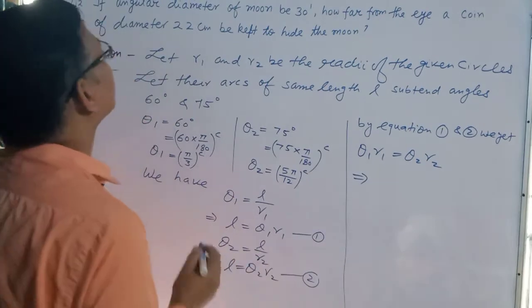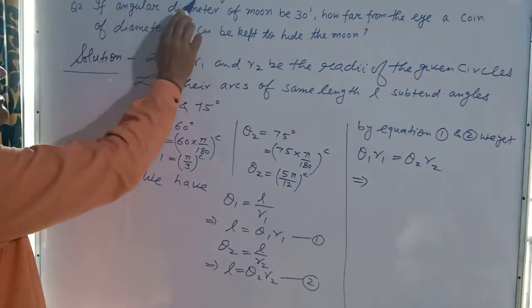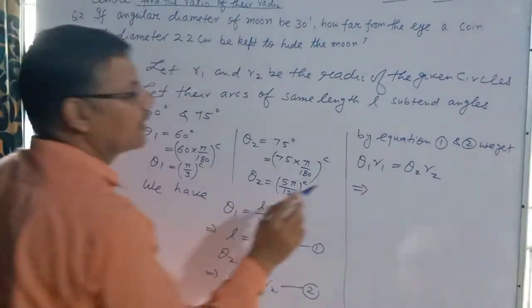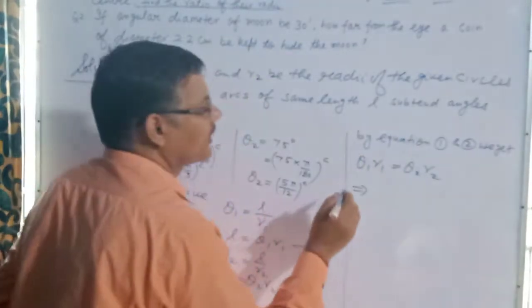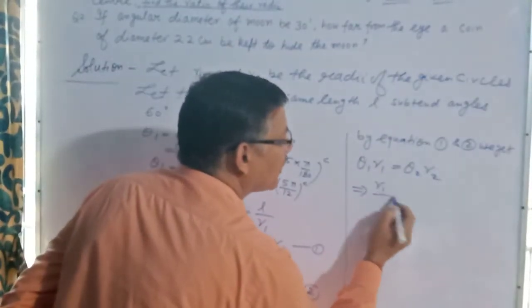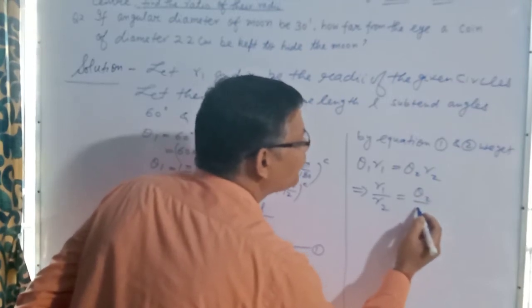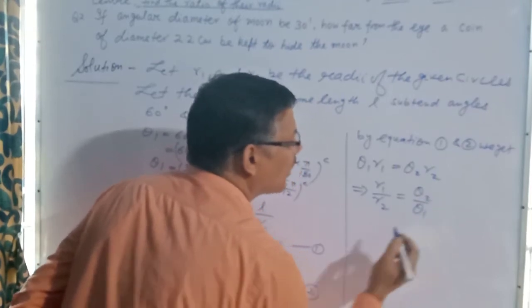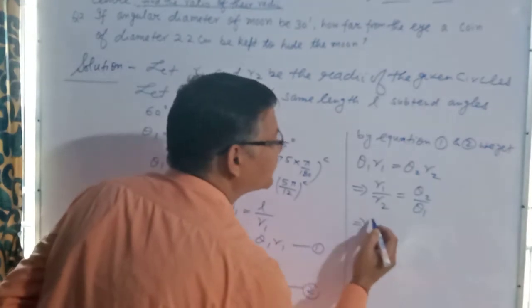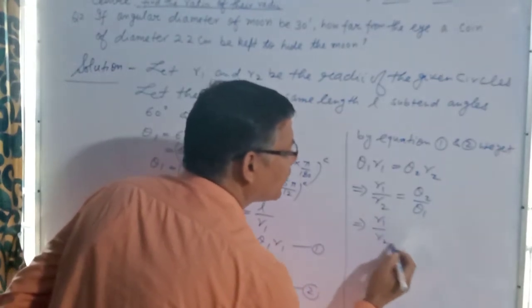We are required to find the ratio of their radii, R1 and R2. So I write here R1 by R2 equals theta 2 by theta 1.